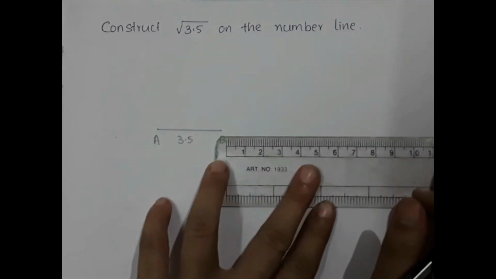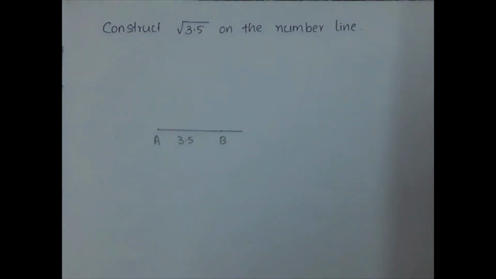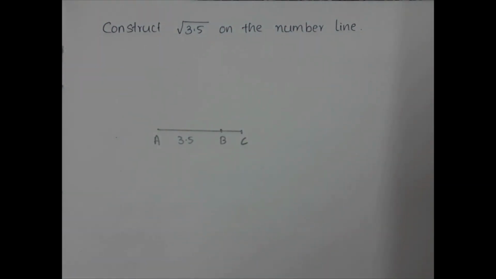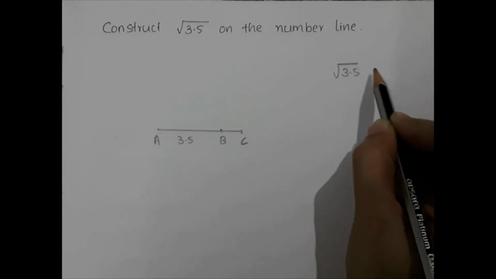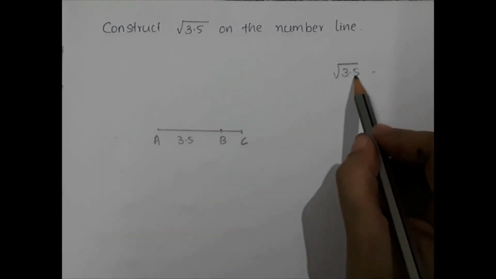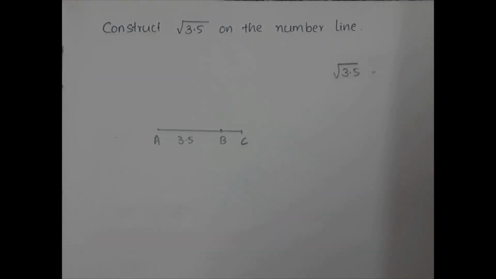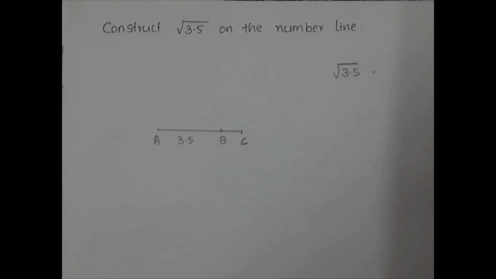That is, from B you have to take 1 more centimeter. That point you have to mark as C. Hope you understood that. If we need root of 3.5, you have to take 3.5 plus 1. If you need root of 4.6, what you have to take? First you have to draw 4.6, then plus 1 additional.